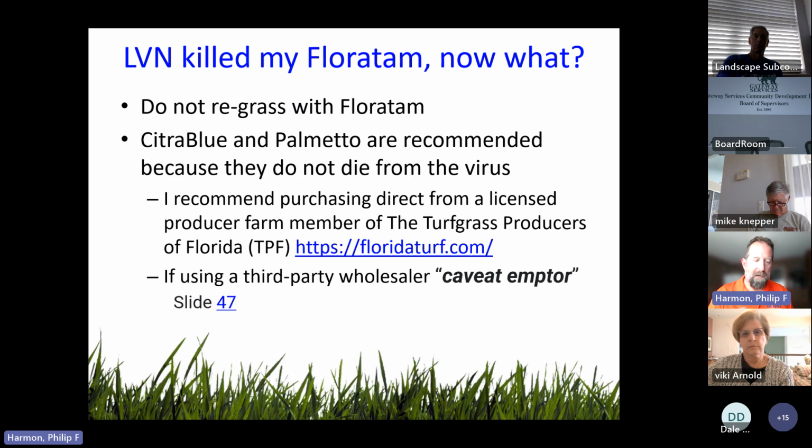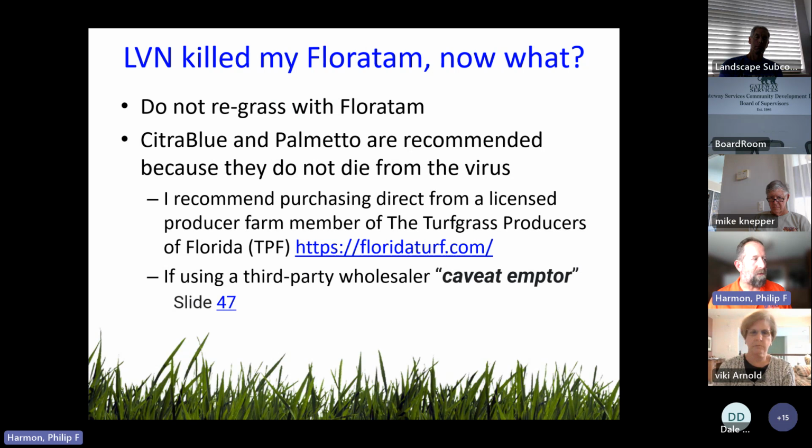We have an old established grass with strengths and weaknesses that we'll discuss that are both options to consider and that we are suggesting folks look at first, because these are grasses that we've found to be able to be purchased when it says Citra Blue or Palmetto on the product. It has been Citra Blue and Palmetto that's been received.